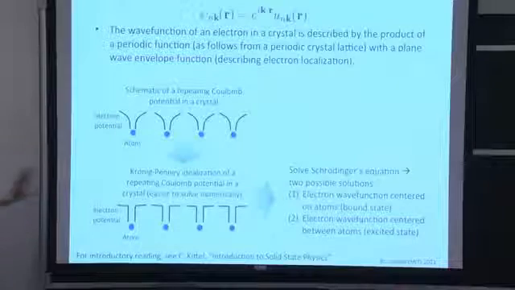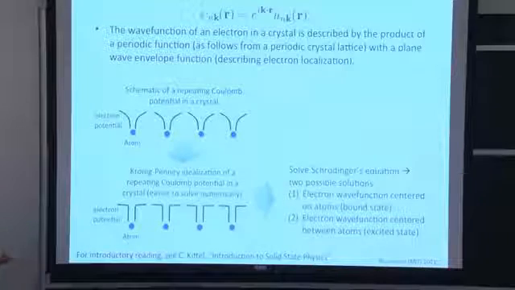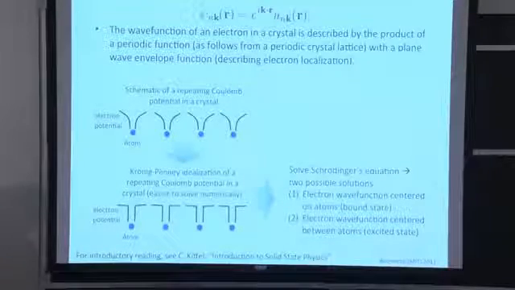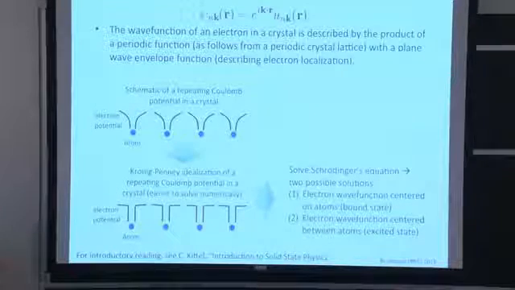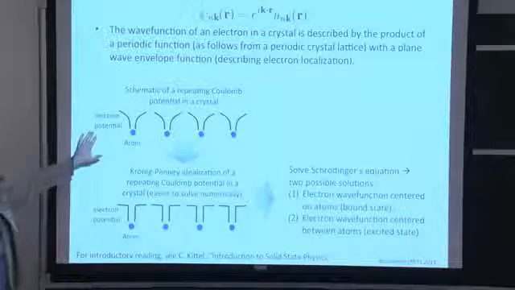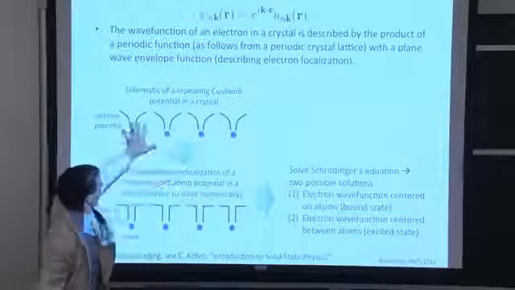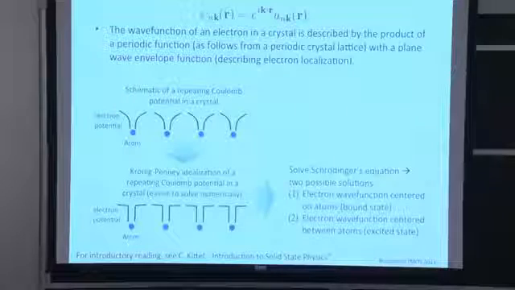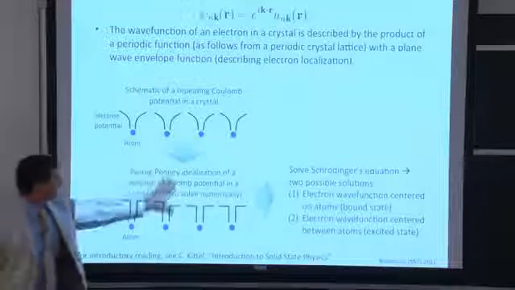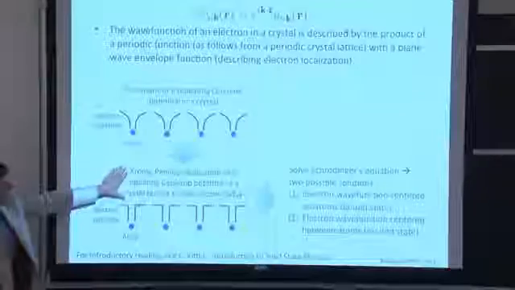Right? And so the wave function of the electron can be described as this combination or product of a plane wave and an envelope function describing the electron localization. So you have this localized function here and the delocalized function describing the plane wave behavior of the electron as it moves through space inside of the crystal.